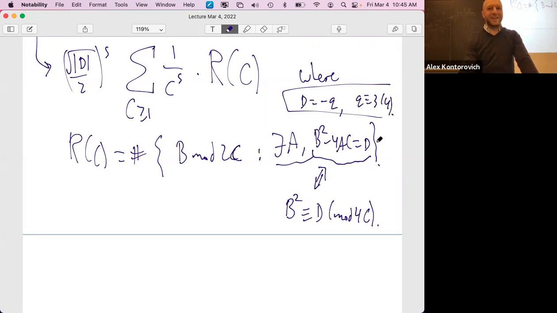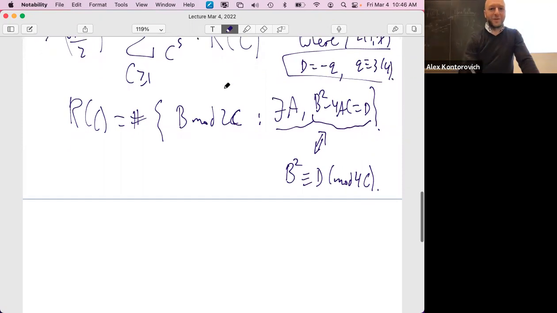This is the setting of the original problem. If we go all the way back to what we were trying to do with the Dirichlet L-function, chi is the real character mod q. And c runs over all integers, and you have this thing here. So we're very close.